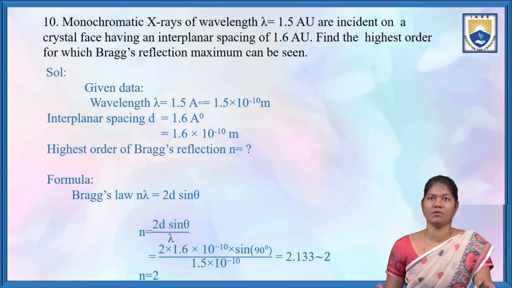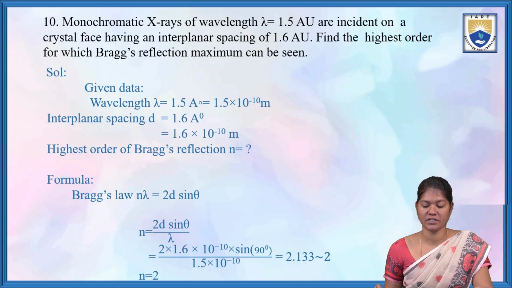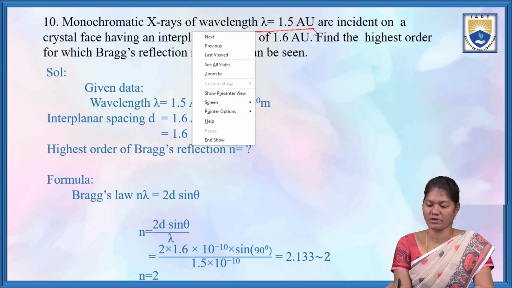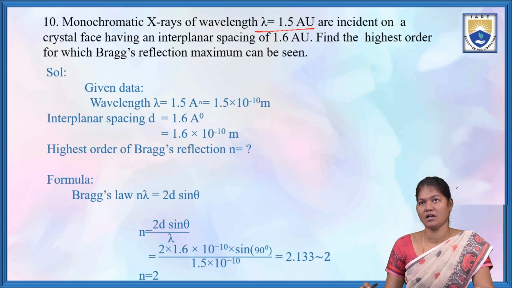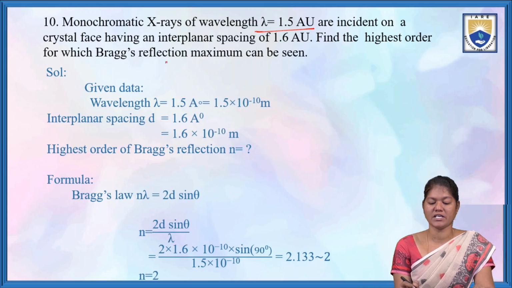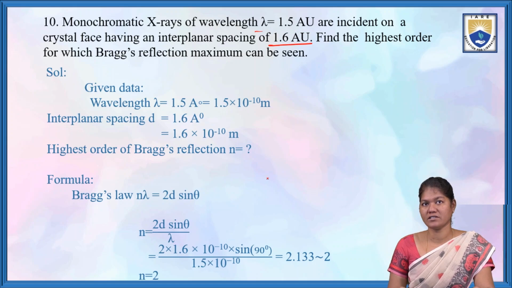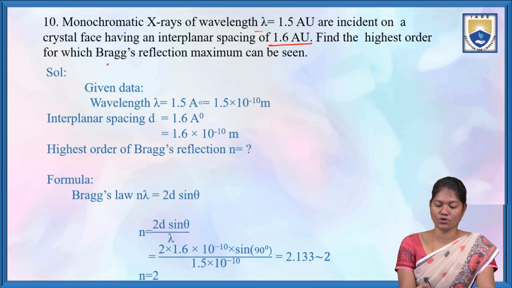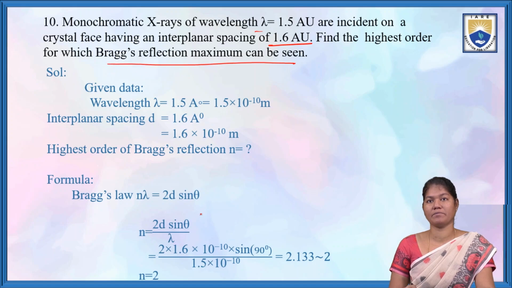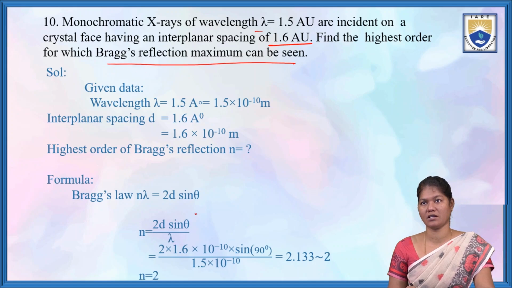Next problem. Monochromatic X-rays of wavelength lambda equal to 1.5 angstroms are incident on a crystal face having an interplanar spacing of 1.6 angstroms. Find the highest order for which Bragg's law reflection maximum can be seen. The data given is wavelength, 1.5 × 10^-10 meters, and interplanar spacing d, 1.6 × 10^-10 meters.